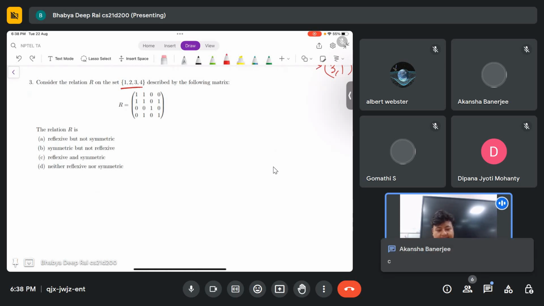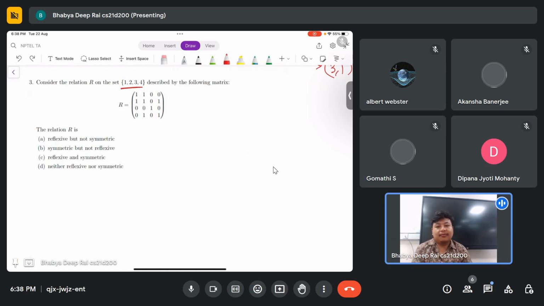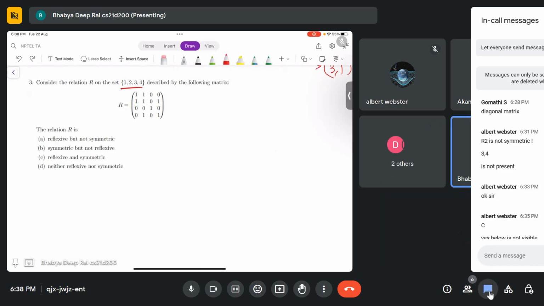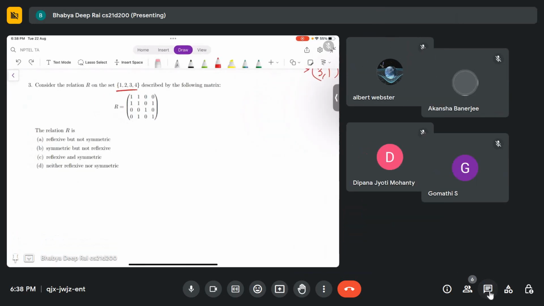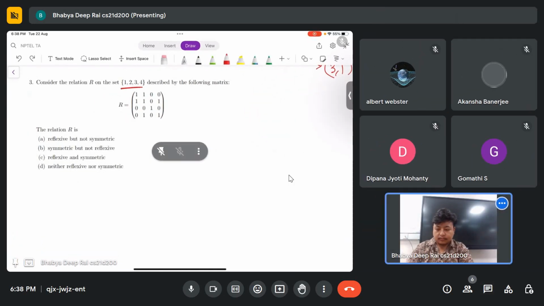Akash also says C. Okay, you have this matrix.